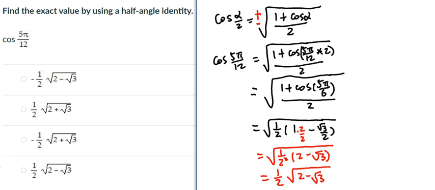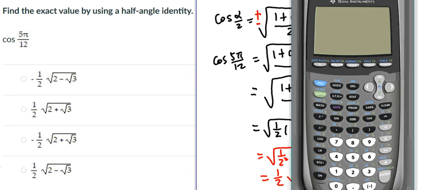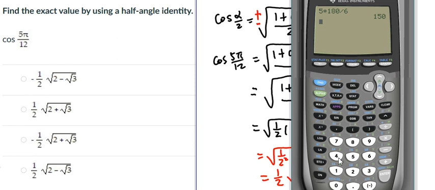But remember, cosine 5 pi over 12 is how many degrees? If you have a calculator, turn it on. Pi is 180 degrees. So 5 times 180 divided by 12.